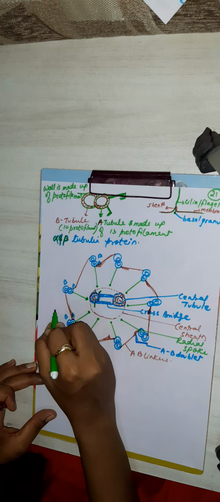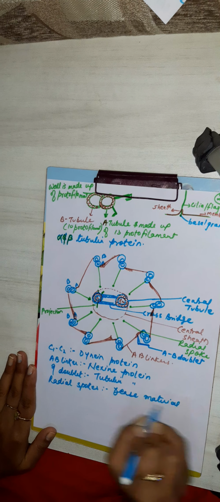The 9 doublets, these doublets AB, are made up of tubulin protein. And the radial spokes are made up of dense material.